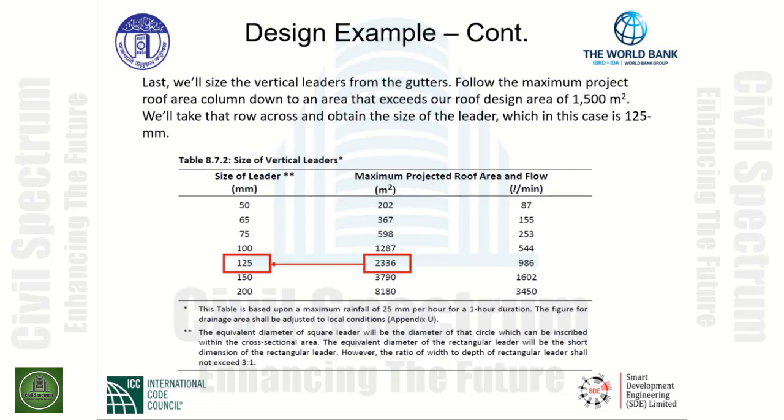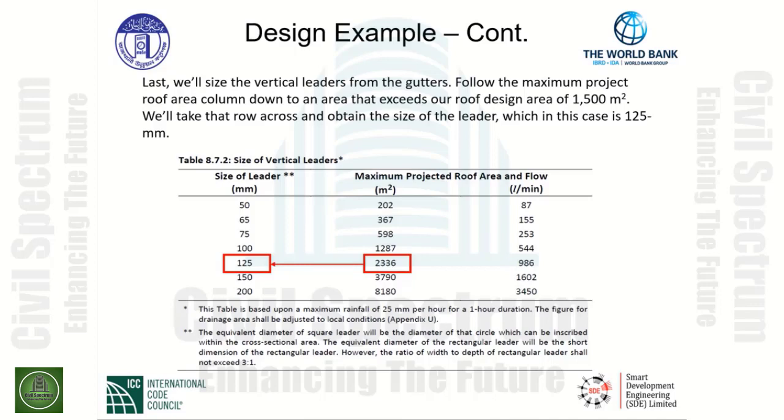Last, we'll size the vertical leaders from the gutters. Remember, there are 2 leaders on the gutter. Follow the maximum project roof area column down to an area that exceeds our roof design area of 1,500 square meters. As indicated in the second column, we move down until we get a value that exceeds 1,500 square meters.